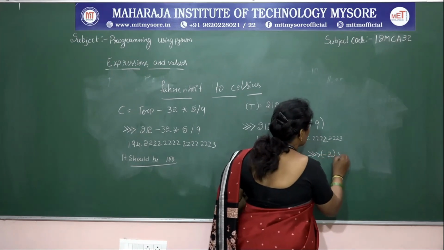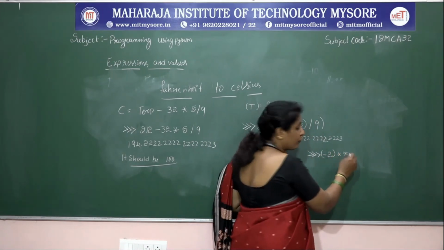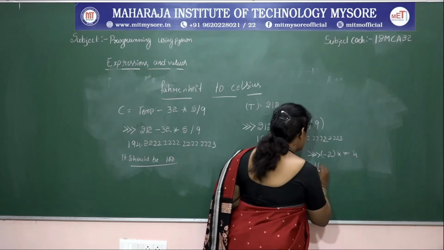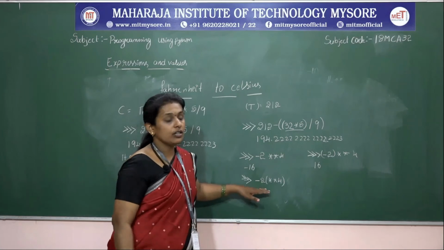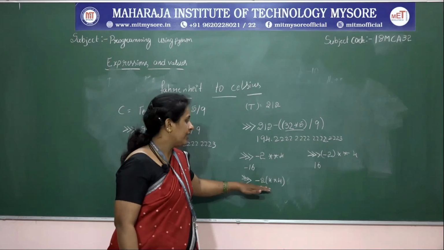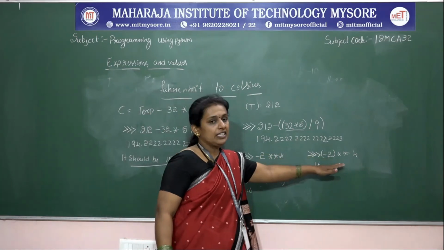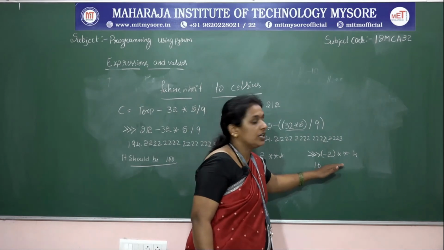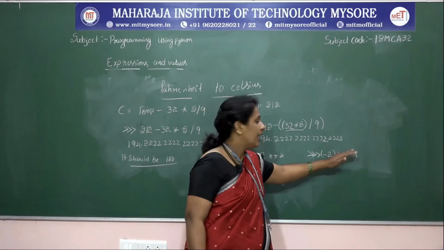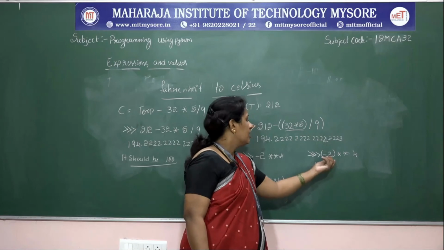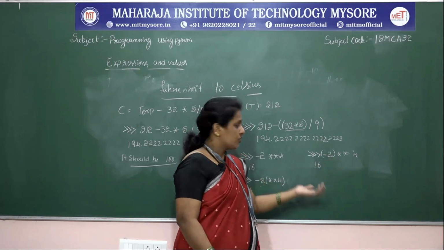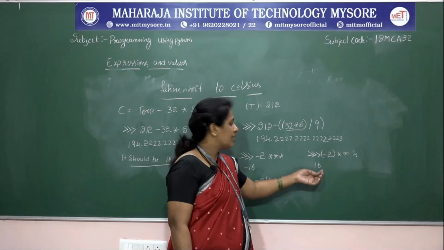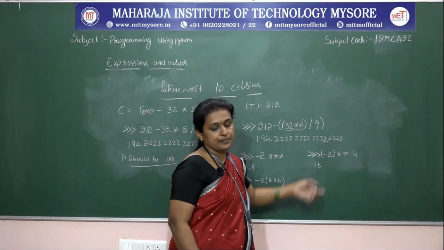Minus 2 power of 4, you will get the answer as 16, because with a negative operand, the power operator has the highest precedence, so it is evaluated first, and it omits the negation operator, that is the minus sign. So that is why we did not receive the minus sign over here.